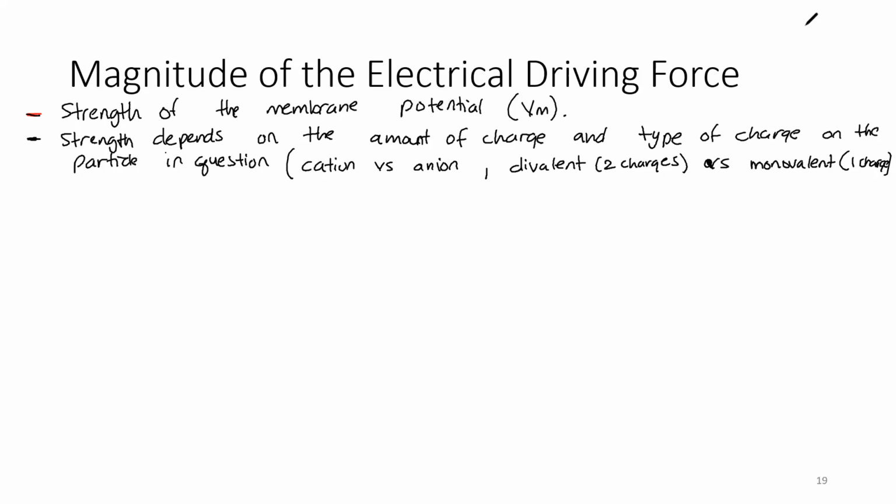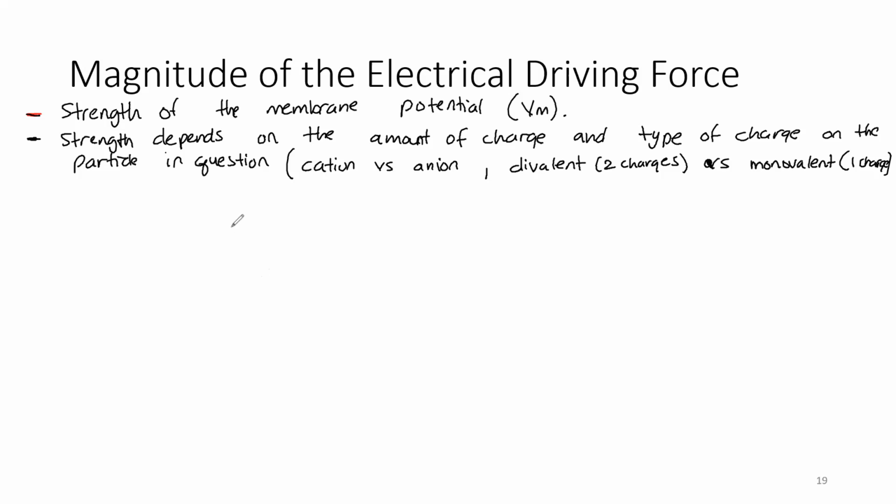These things will determine how strong that charge is. If we have a cation, it's positively charged. If it's a divalent cation, it's going to have more of a charge, more of a pull, a stronger driving force than a monovalent ion that only has one charge.